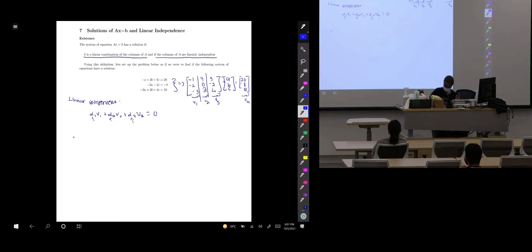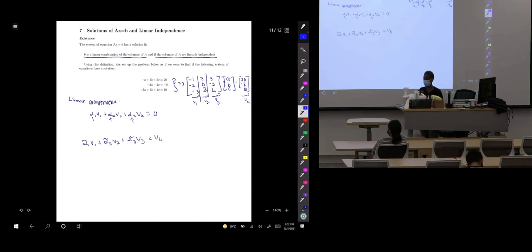All right, for the second part, which is figuring out if b is a linear combination of the columns of A, we would do something similar to this, right? Where we would have alpha 1 V1 plus alpha 2 V2 plus alpha 3 V3. We would try to see if this is equal to V4. I should use a tilde here.